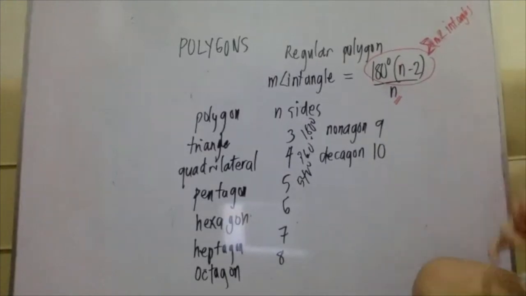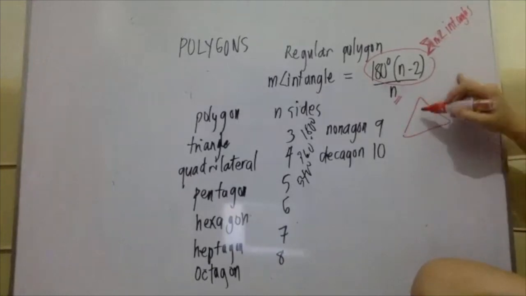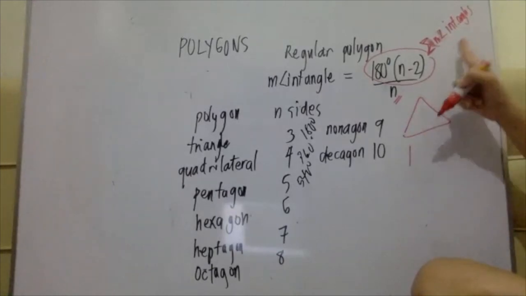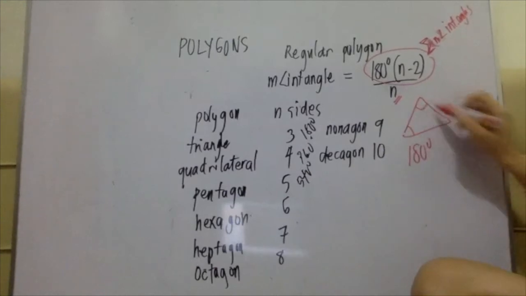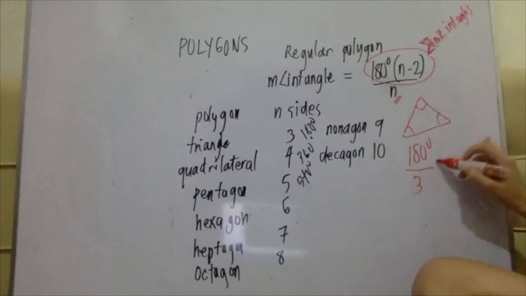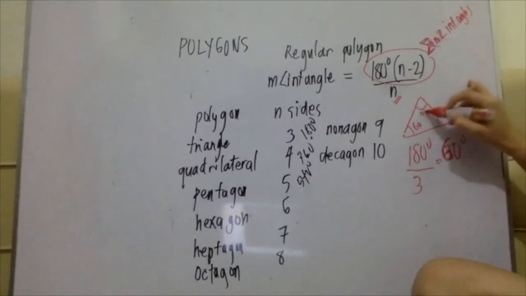Kaya nga kapag meron tayong triangle, let's say this is an equilateral triangle. So alam natin na ang sum ng angles niya is 180. Since tatlong angles ang meron, i-divide mo lang siya by 3, 60 degrees yung each angle.